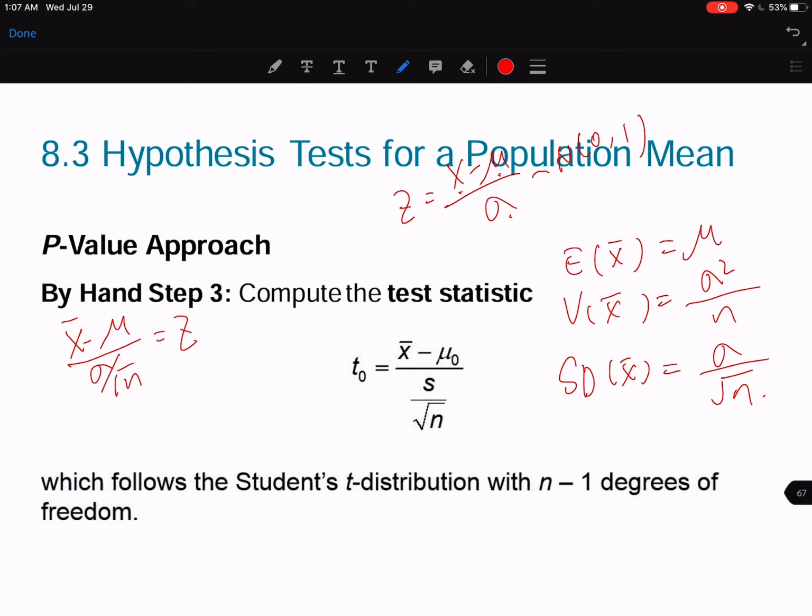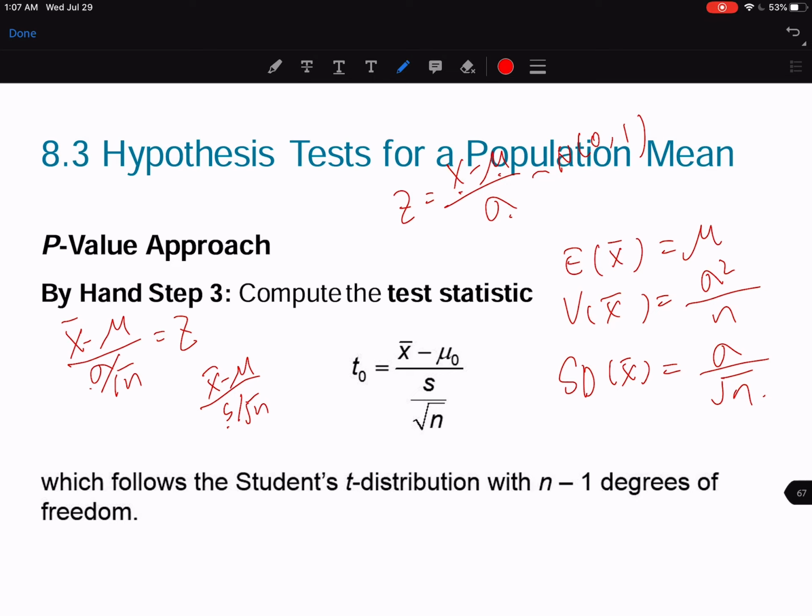But the problem is that if the problem does not give you the population standard deviation, we are not able to find it if we don't know the population mean. So what we're doing here, we're going to use the sample standard deviation. So x bar minus mu divided by the little s over square root of n. We're going to replace the population standard deviation with the sample standard deviation.